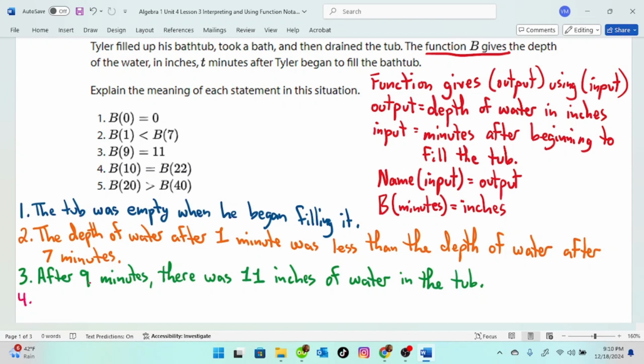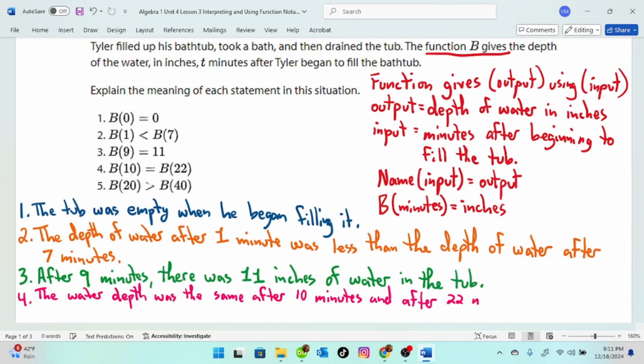So we could say the water depth was the same after 10 minutes and after 22 minutes.